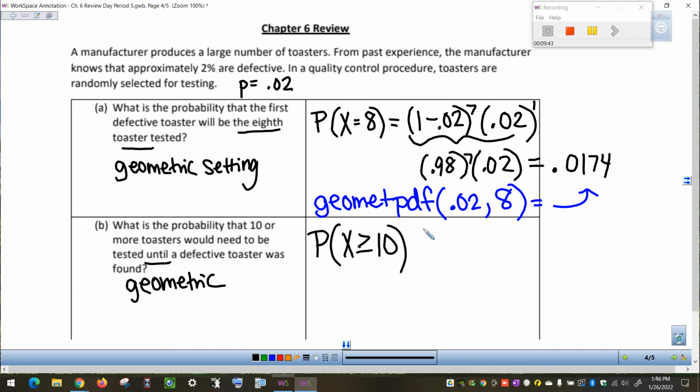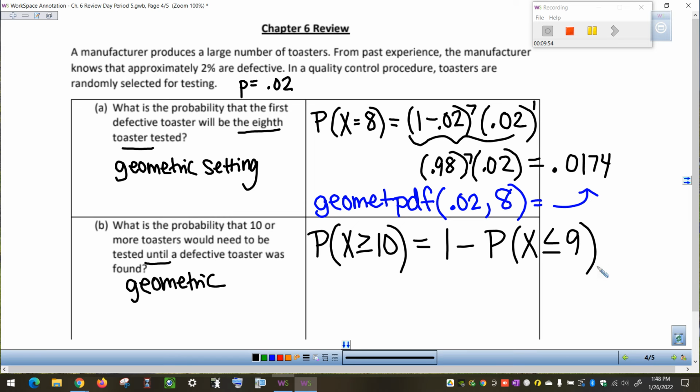And that is going to be the same thing as 1 minus the probability that x is less than or equal to 9. In order for us to use a calculator function here, which I would definitely recommend the calculator on one like this, it's going to save us a lot of time.